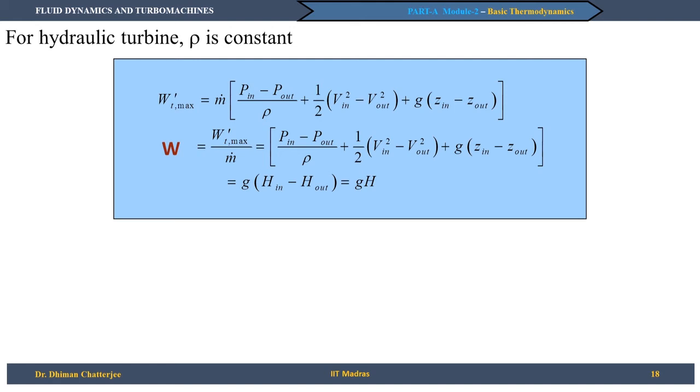And specific work W is nothing but the maximum work produced, because that is the useful work we are talking about, the energy available across the turbomachine in the fluid per unit mass flow rate.